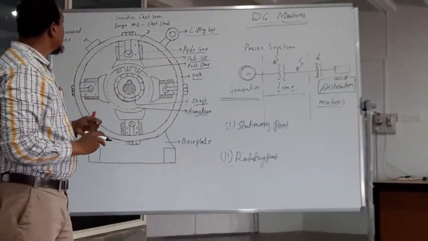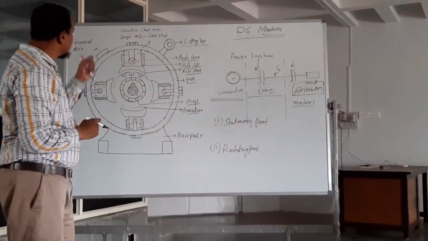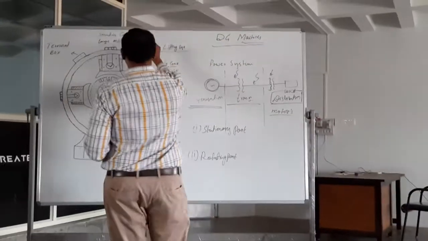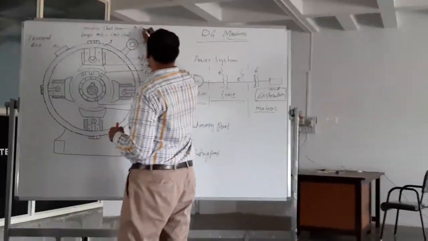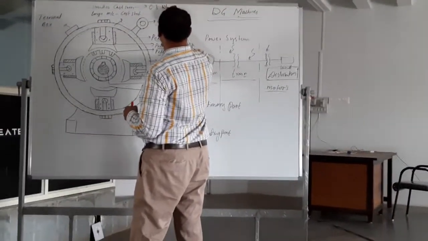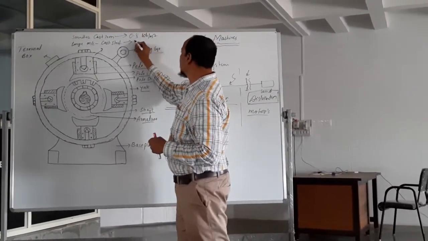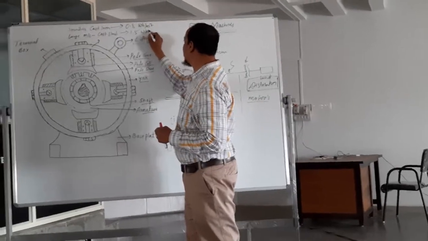What is the advantage of making it of cast iron or cast steel? The saturation level of cast iron is around 0.8 Weber per meter square.